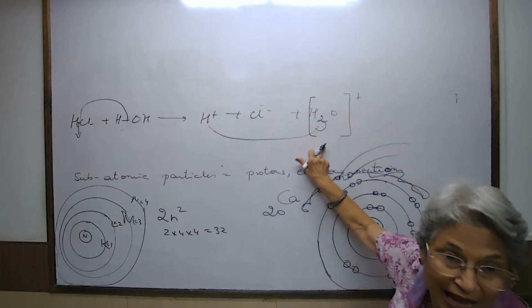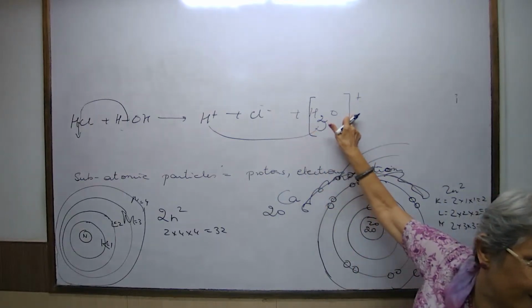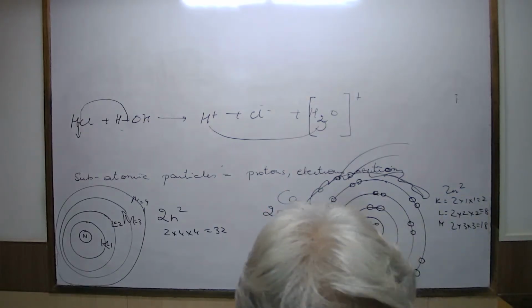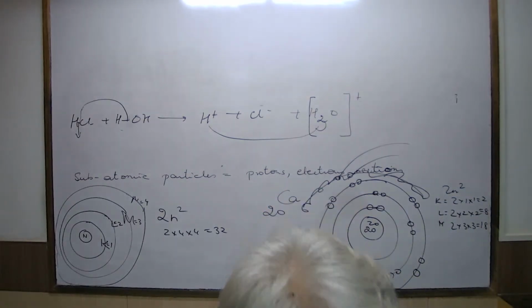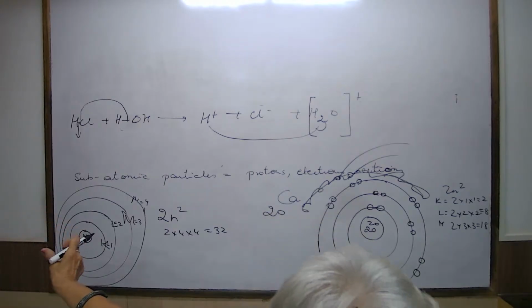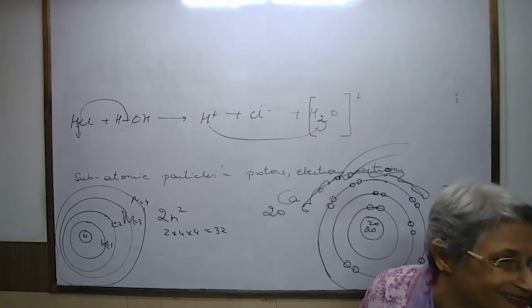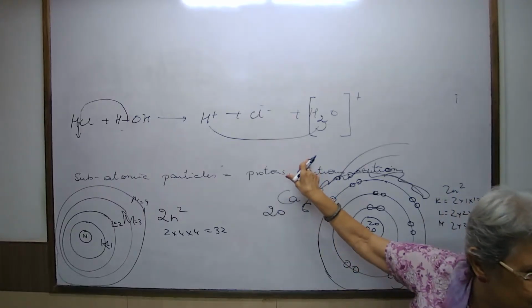So water which had no charge now has become hydronium ion, which has got married to hydrogen ion, and hydrogen ion brought its dowry and gave the charge to it. This is the hydronium ion.